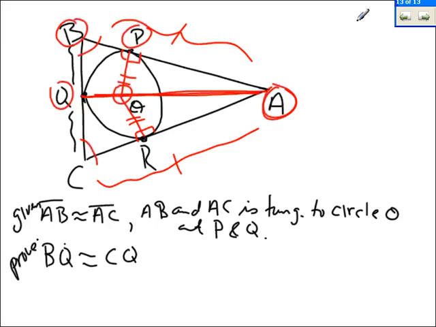Okay, for whatever it's worth, that's the same because it's the radii. It's the same as the other two.